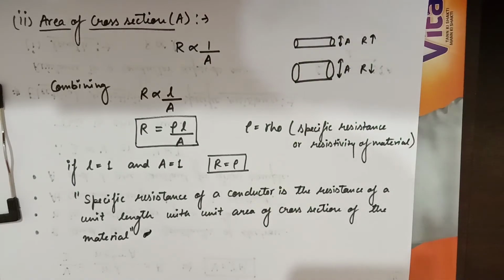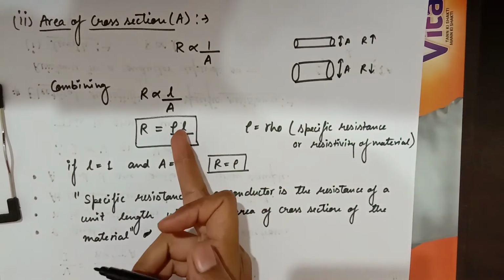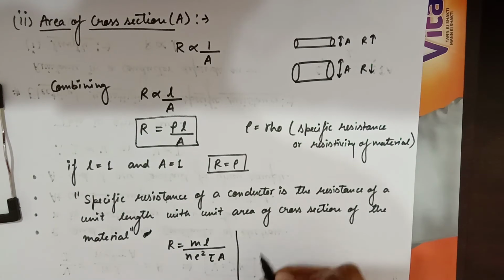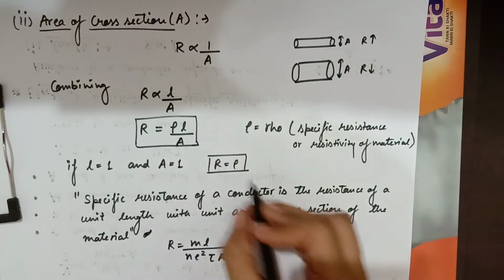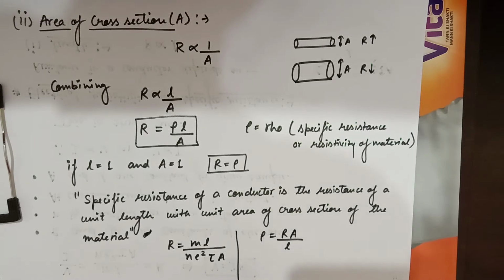In the analytical proof of Ohm's law, R comes out to be equal to mL divided by N e² τ A. So from this formula, ρ is equal to RA divided by L. If I put the value of R in this equation, then ρ comes out to be m divided by N e² τ.